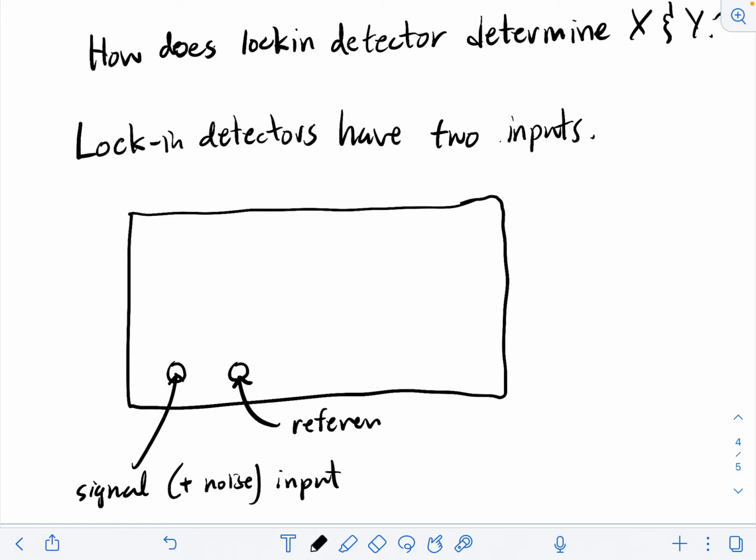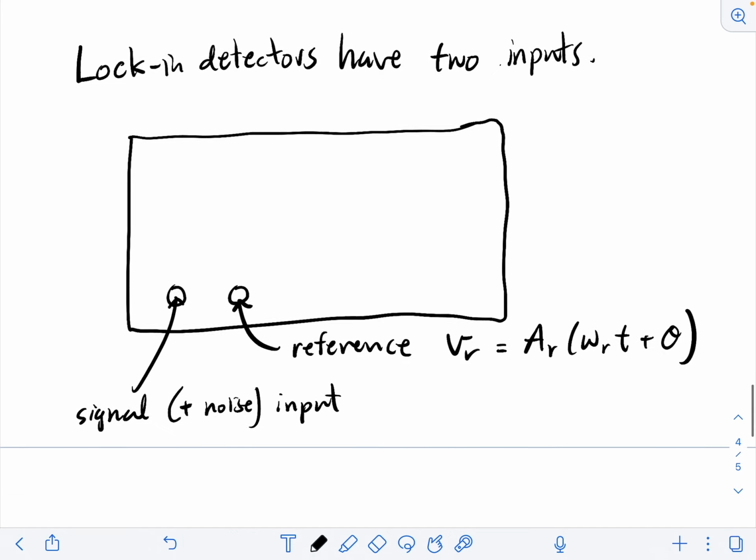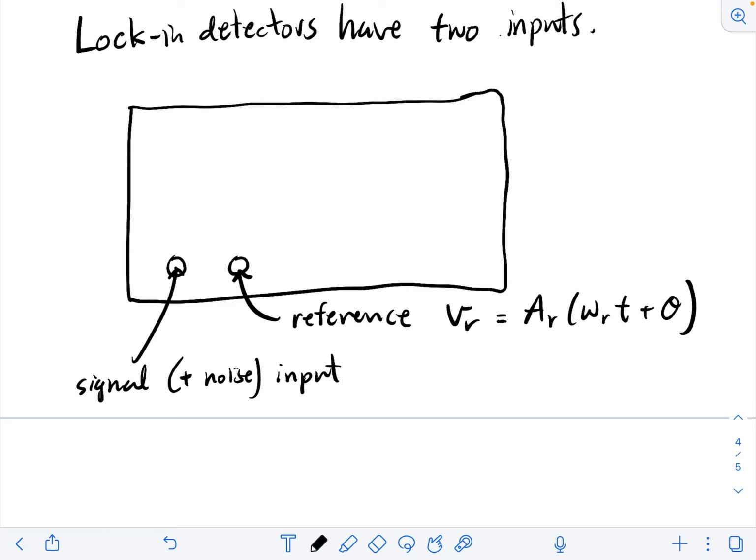Our reference input is going to be, let's say, VR. It's going to have some amplitude, I'll call it AR, and it oscillates at frequency omega R, times T, plus a phase theta.